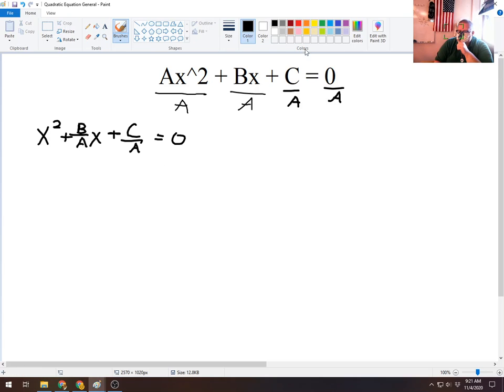So I'm going to subtract c over a on both sides. Minus c over a, minus c over a. So it goes away. Now my new simplified equation is x squared plus b over a times x equals negative c over a.